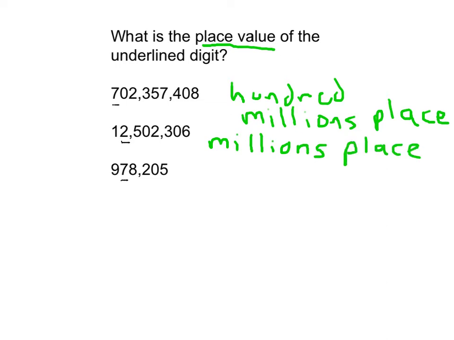Finally, that last one, what place value is that underlined digit in? Though it's worth 70,000, it is in the 10,000s place. So again, a difference between place value and value.